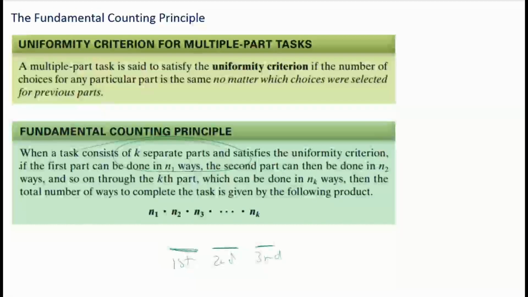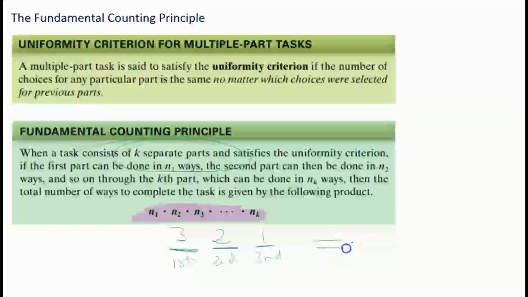If the first part can be done in n1 ways, like in this example 3 ways, the second part can be done in n2 ways, remember if we weren't replacing, and so on, and the last part can be done in nk ways, then the total number of ways to complete the task is given by the product. In other words, you just multiply all those numbers together.